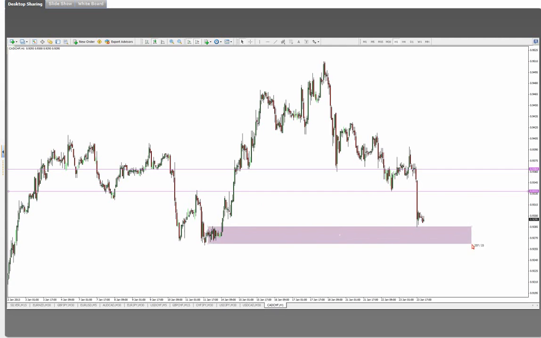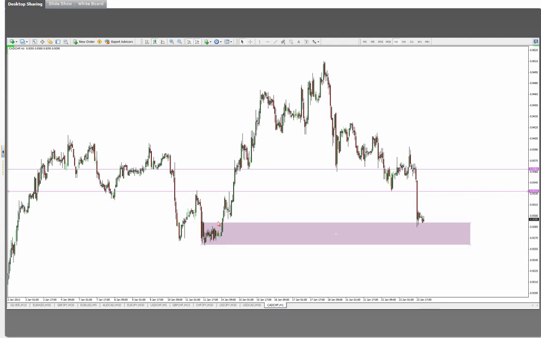Okay, well, it's not one that stands out to me because I'm looking for clear edges of a zone, and you've got an edge there. You've got this kind of source of supply there, and then this kind of lower area in here. So I will zoom in, but this is how I'd mark it up straight away.